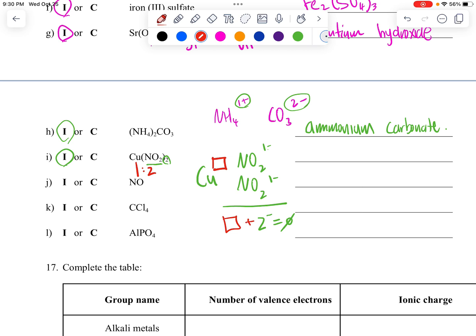What is that going to be then? It has to be 2 plus, right? So this copper is actually 2 plus. Okay, cool. So I know that this is copper 2. Great. So how do I name this? Copper 2 nitrite. Done.